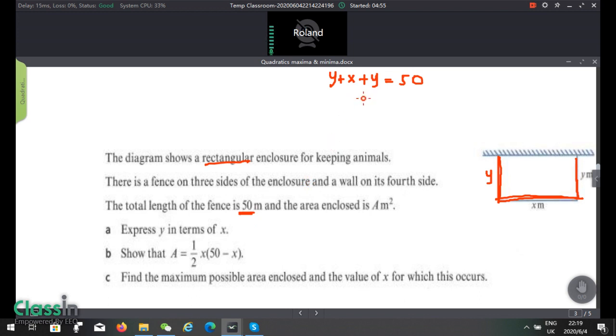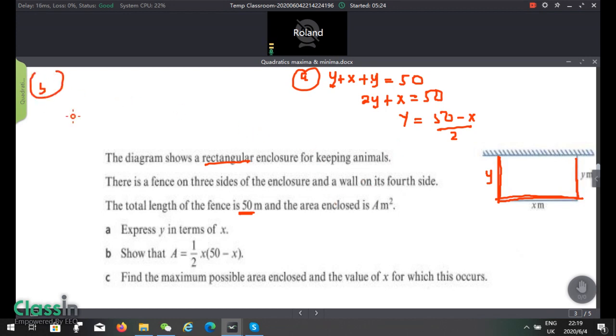So in this case, we can clearly see that 2y plus x is 50. In other words, y will be (50 minus x) over 2. All right. So the question says express y in terms of x, and that is it.